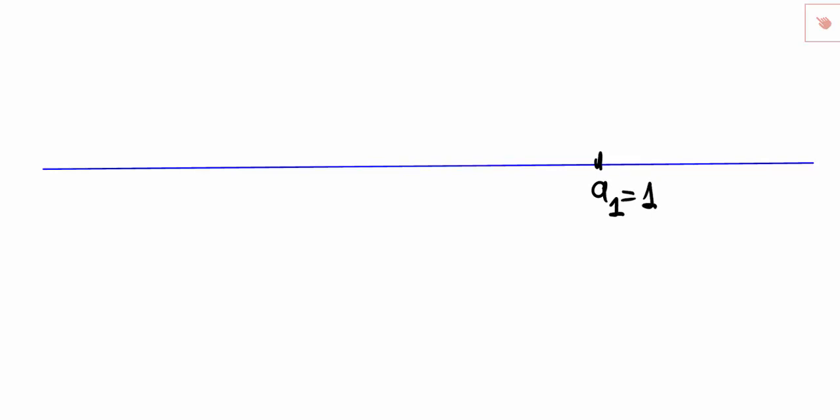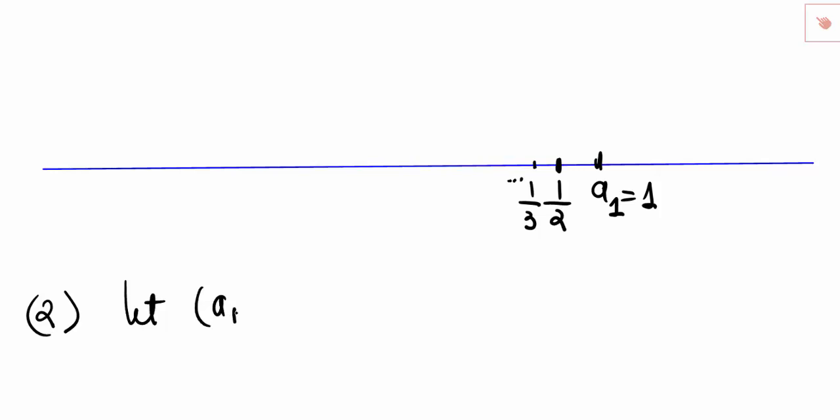Then the next term is going to be a half. That's a2. Then we have a third, and so on. And you can see that the terms of our sequence are getting closer and closer to 0, but they actually never reach 0. We'll later see precisely how to understand the behavior that's going on around the real number 0. In the meantime, let's look at another example.